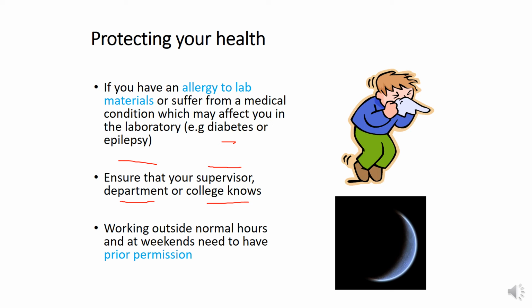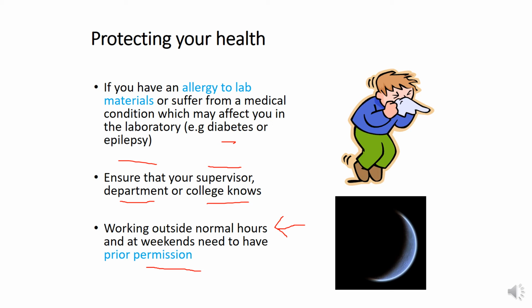this is very important if you are a grad student. At the moment you are undergrad, but hopefully in the future. If you are going to work long hours in the labs, or even sometimes on the weekends, you need to get permission first, because this is a universal rule. While you are working in the lab, you should not work alone. No single student is allowed to work in the lab. At least one or two more students should be there.